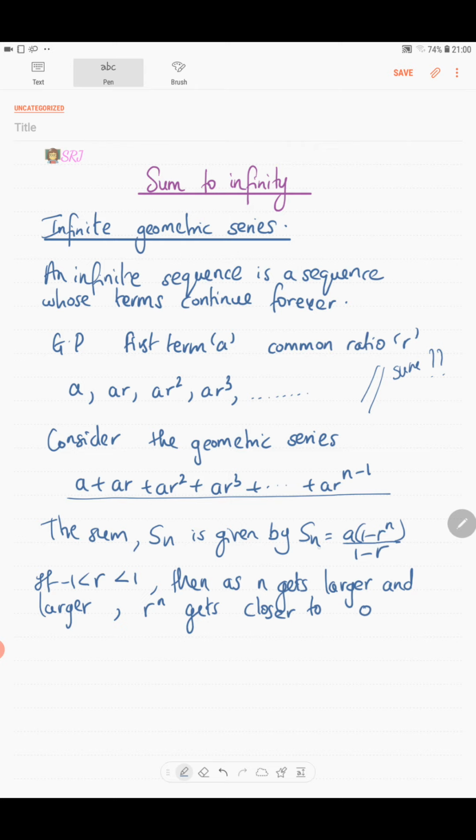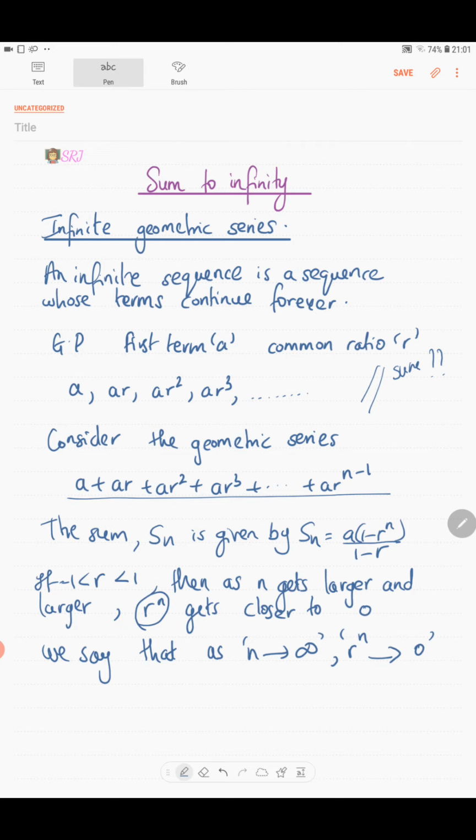So as n gets larger, when r lies between minus 1 and 1, this r power n will get closer to 0. We say that as n tends to infinity, r power n tends to 0.